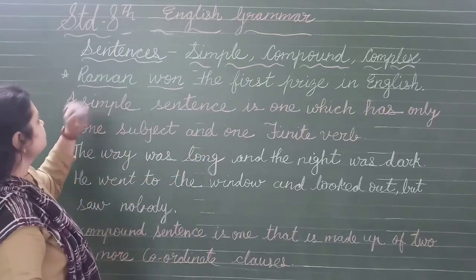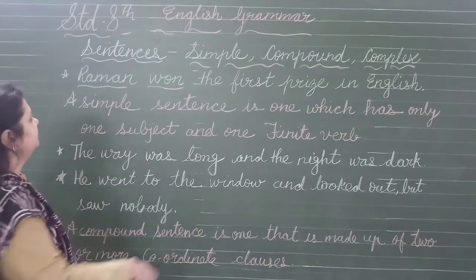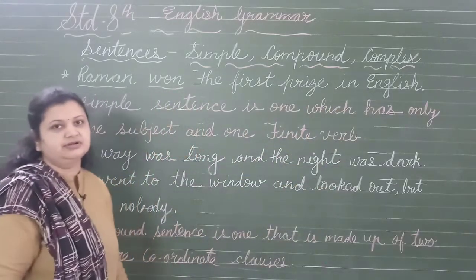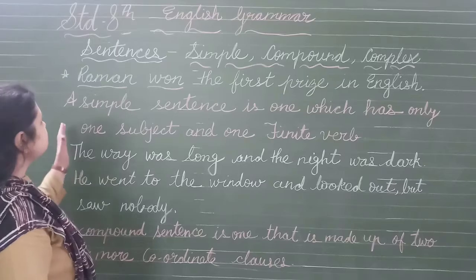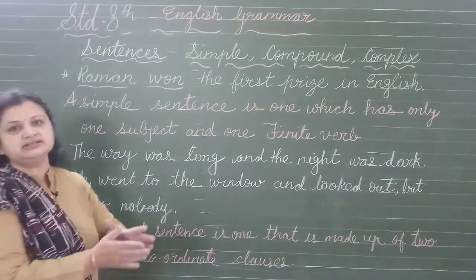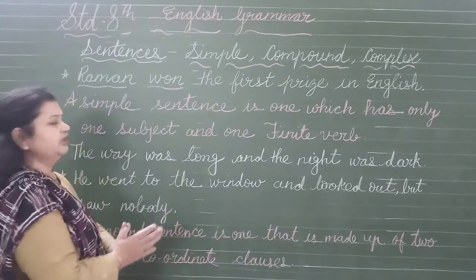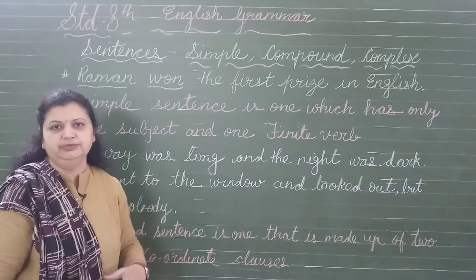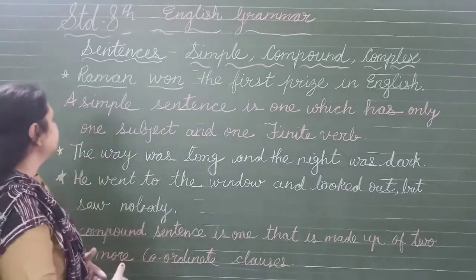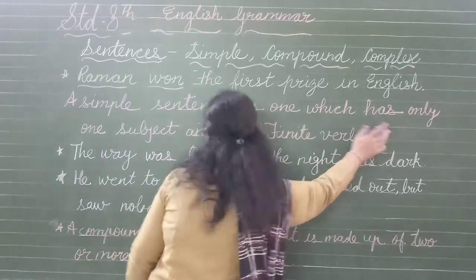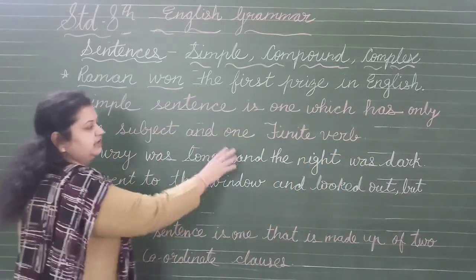First, I have written over here an example: Raman won the first prize in English. Now here you will see that this sentence has one subject, only one subject, and also one finite verb. So we can say that a simple sentence is one which has only one subject and one finite verb.